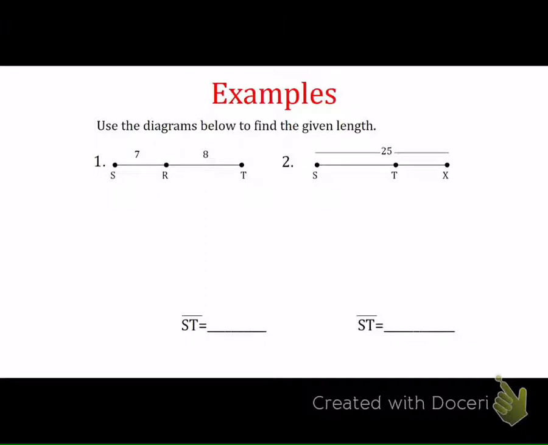All right. Here are our first two examples. I want you to go ahead and draw these in your notes. So in the first one, you're given the two smaller segments. Okay? Notice that as you're drawing these. In the second one, do you see how the 25 has like the lines on either side? That's just showing you that 25 is the whole thing.